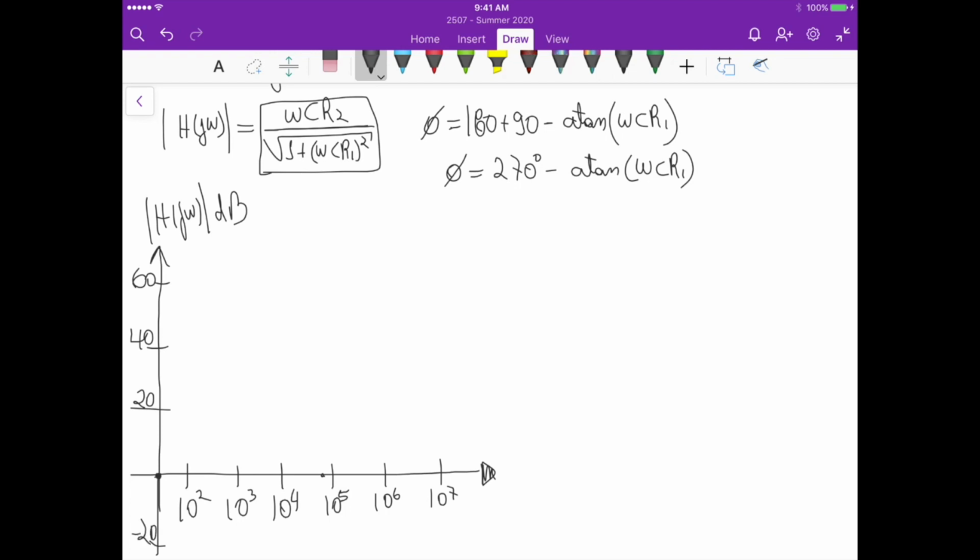So around here, 10 to the 5, we have 57, right? Because that's the minus 3 dB.